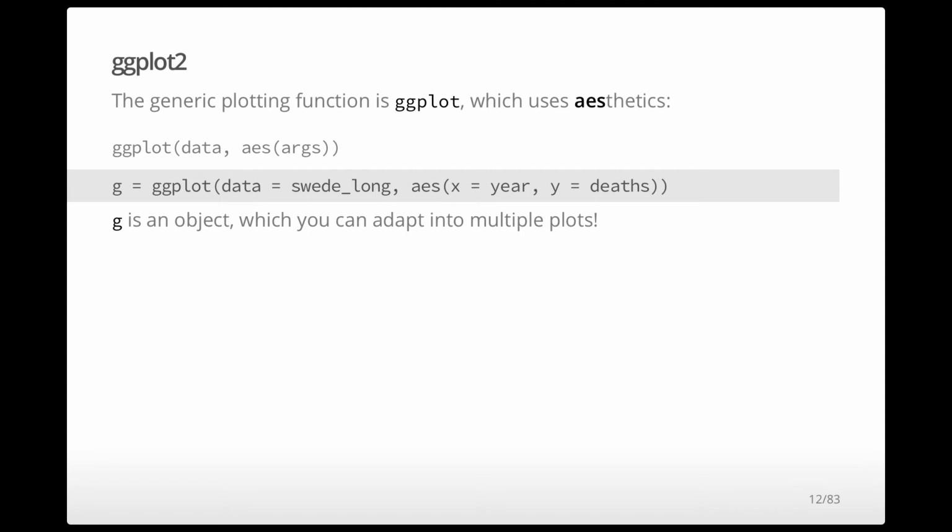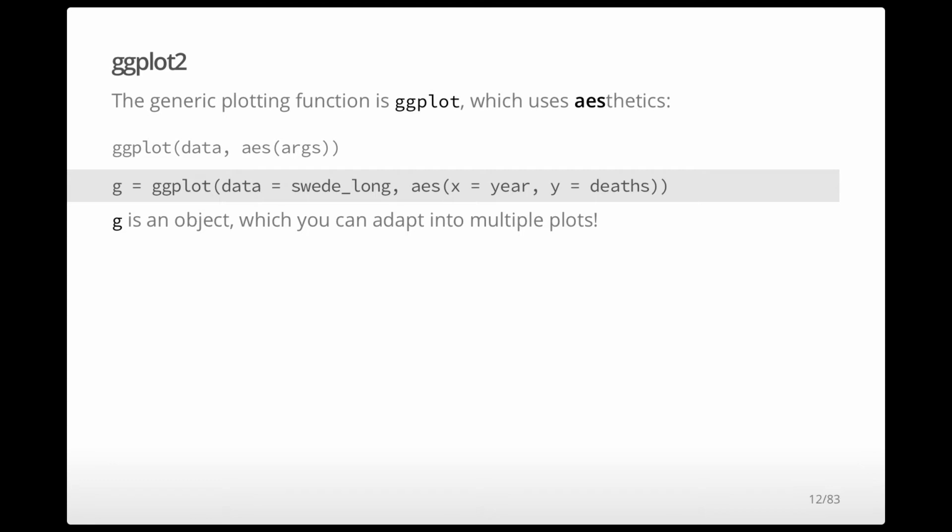qplot is great. The generic way to specify a ggplot is with the ggplot command. One of the reasons why qplot was kind of built is that this isn't always super intuitive off the bat. But I think it's intuitive in some respects. So you say ggplot, you say what data set you're using, and then you specify this thing called aesthetics.